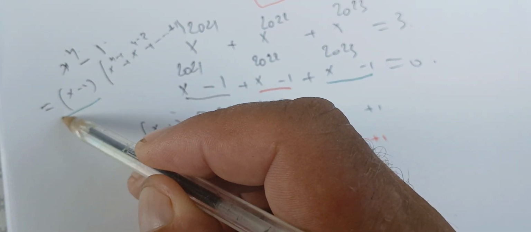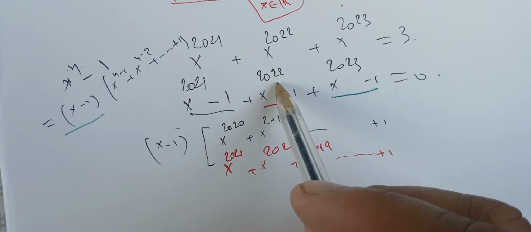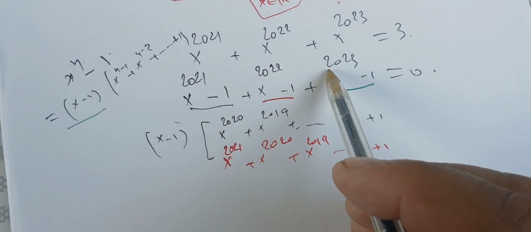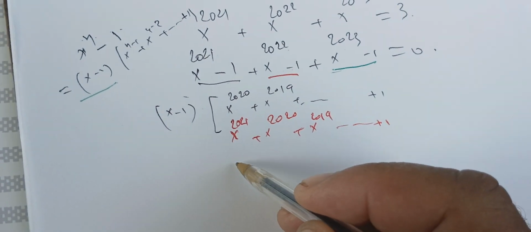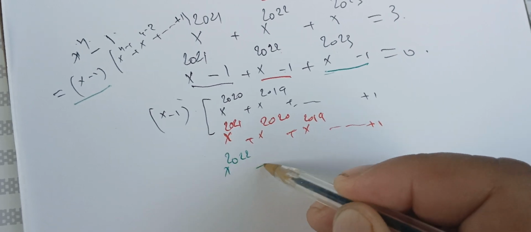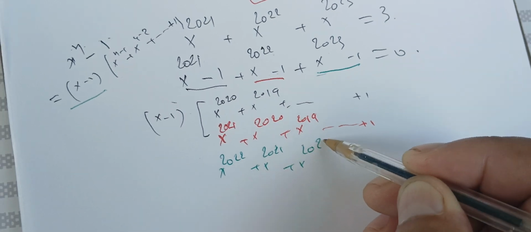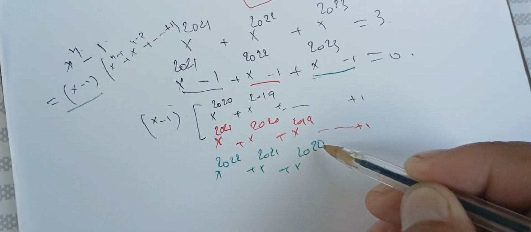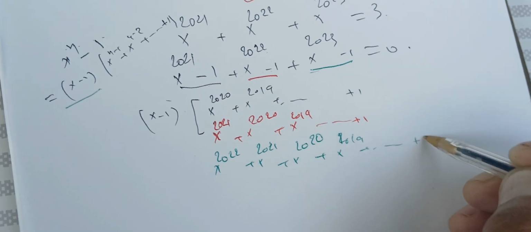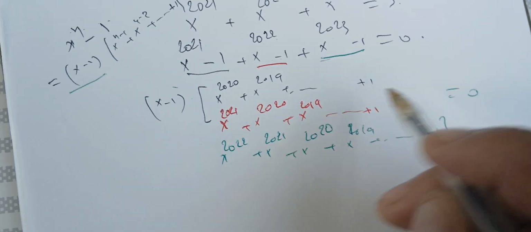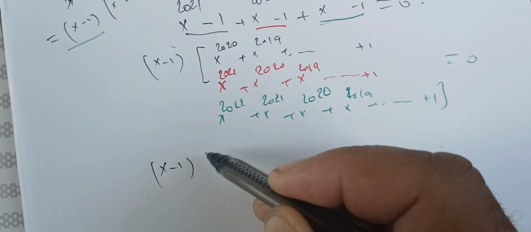For the first one, n is 2021, for the second one n is 2022, and for the third one n is 2023. So for the green one, I'm going to have X to the power 2022 plus X to the power 2021 plus X to the power 2020 plus X to the power 2019, etc., until 1, equals 0. So therefore, I'm going to have X minus 1.